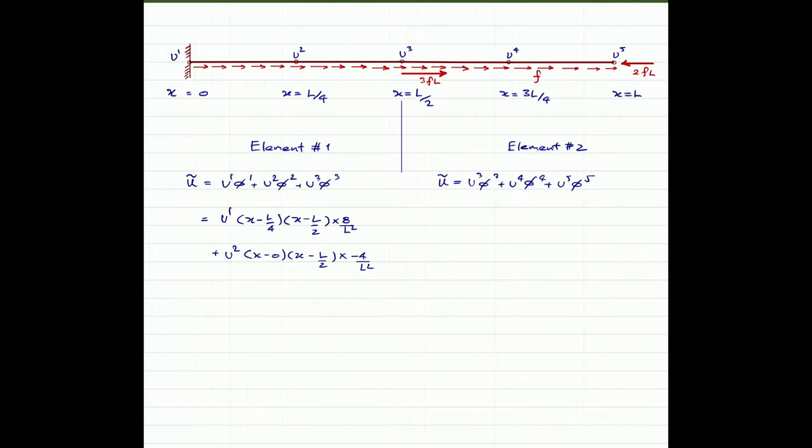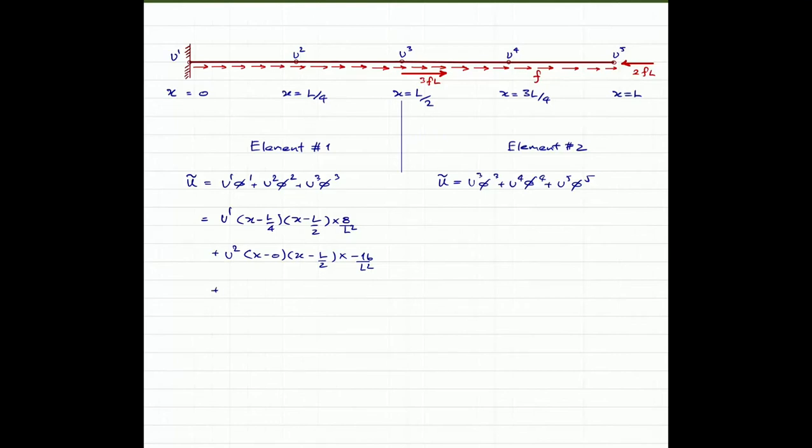You substitute L over 4, so that's 16, not 4. L over 4 minus 0 gives L over 4, and L over 4 minus L over 2 gives minus L over 4, so you get minus L squared over 16. So you have to multiply by minus 16 over L squared.